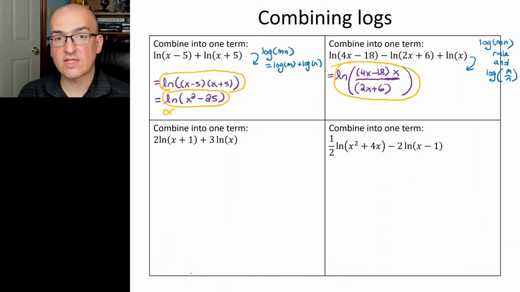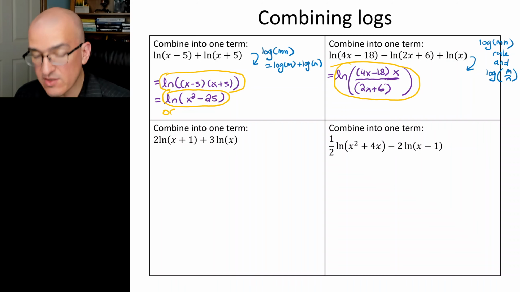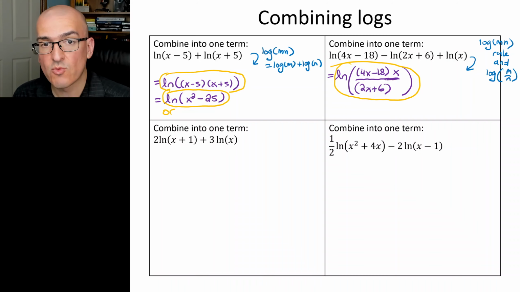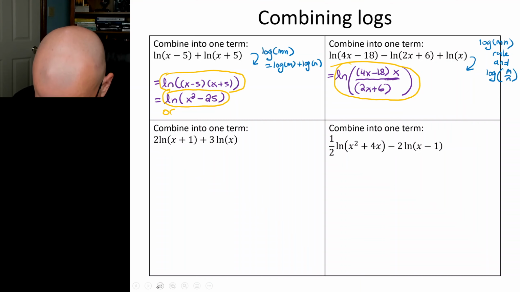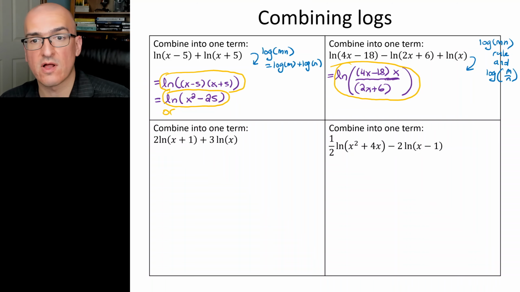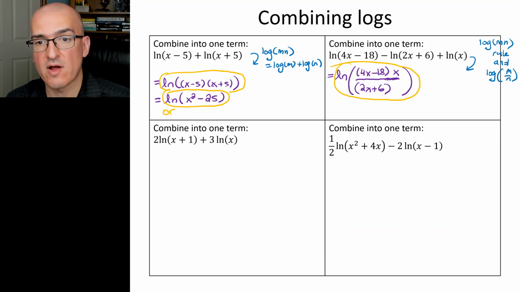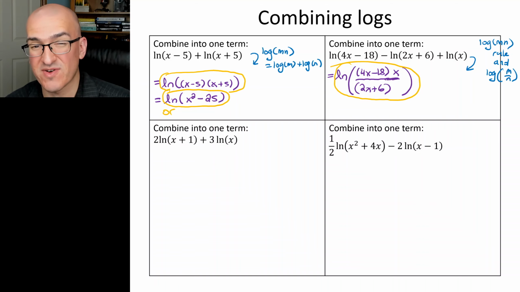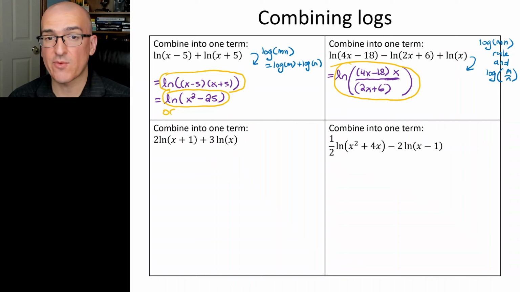All right, the next ones are a little bit more challenging because we can't immediately do what we just did. What we have to do first is that this rule, log of m plus log of n is log of m times n, that rule is for nothing being in front of the log functions. And in this example on the bottom left, we currently have a 2 in front of the first one and a 3 in front of the second one. We got to get rid of those. Fortunately, we have a way to get rid of those.